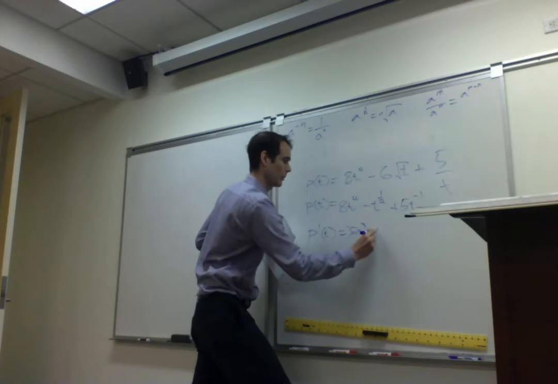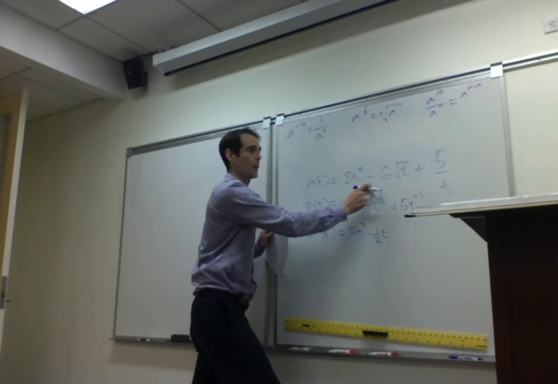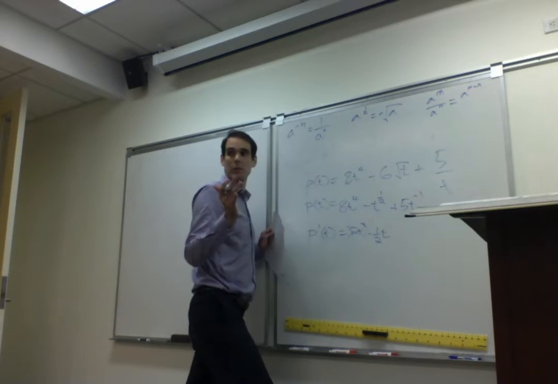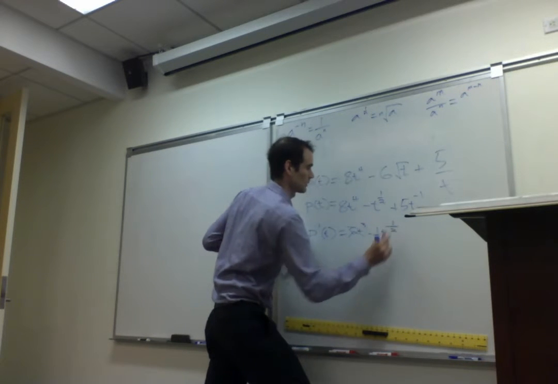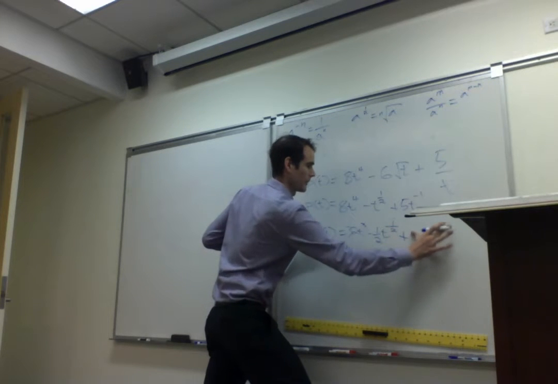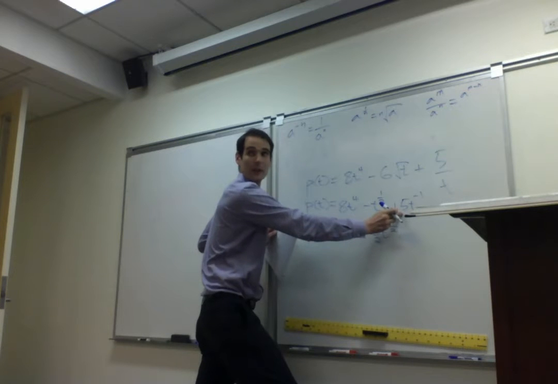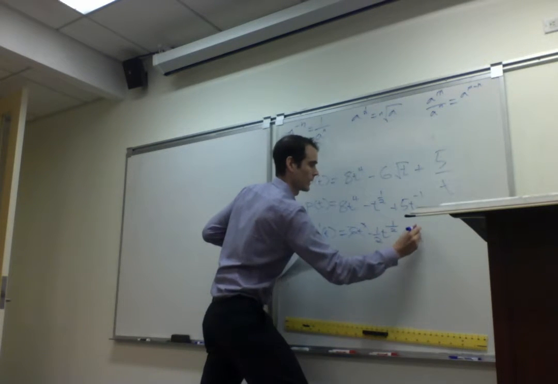So -1/2 t raised to the 1/2 minus 1, right? What's 1/2 minus 1? -1/2. So t to the -1/2. All right, plus 5, excuse me, this -1 times 5, -5 times t to the what?